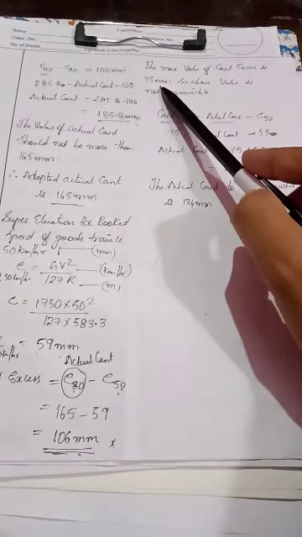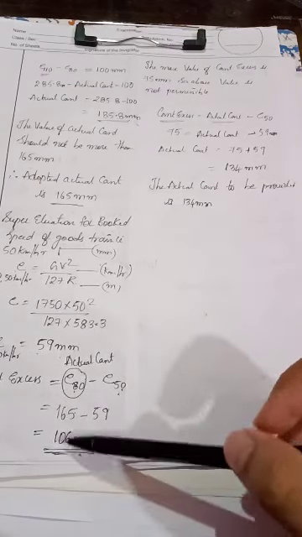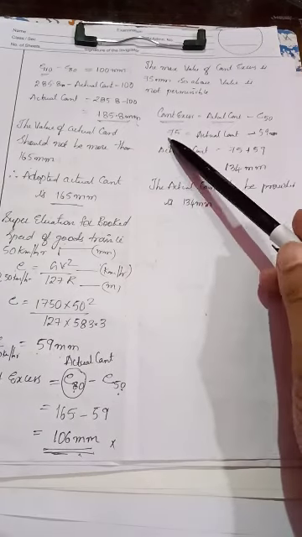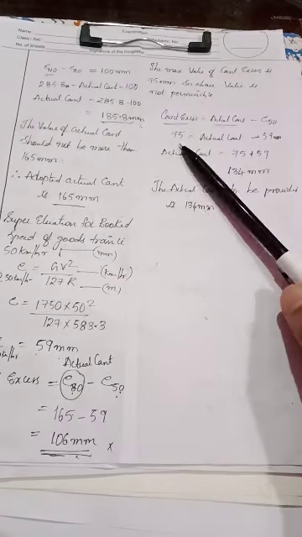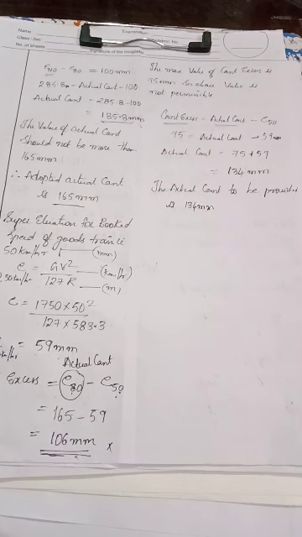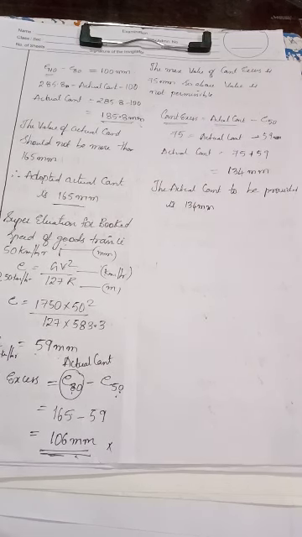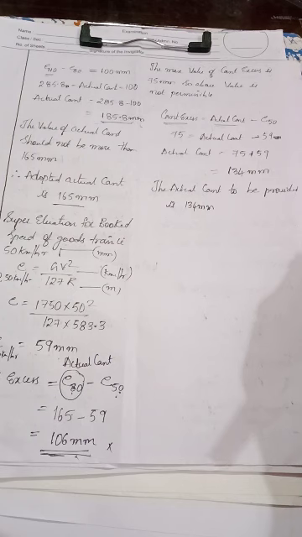As this value is maximum 75, the formula which we have adopted here: cant excess is nothing but actual cant minus 50. This value has to be restricted to 75. So actual cant minus 59, actual cant is nothing but 134. Now finally we have got our actual cant, which is nothing but 134 mm. Done.